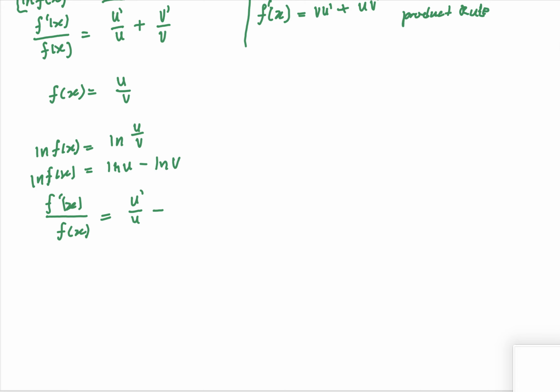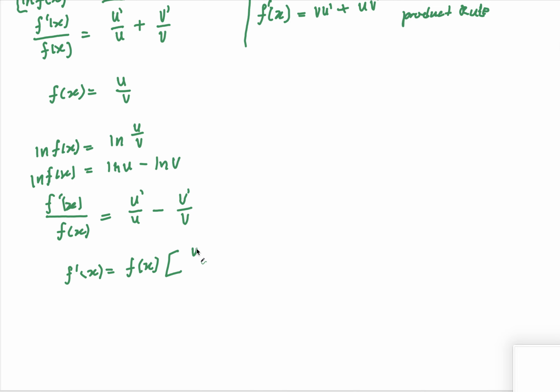Remember, it was positive here, now it's minus, and then it is ln of v, v prime divided by v.